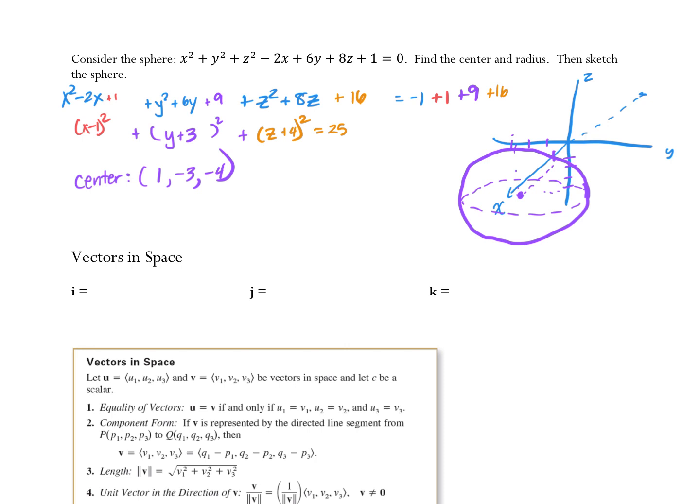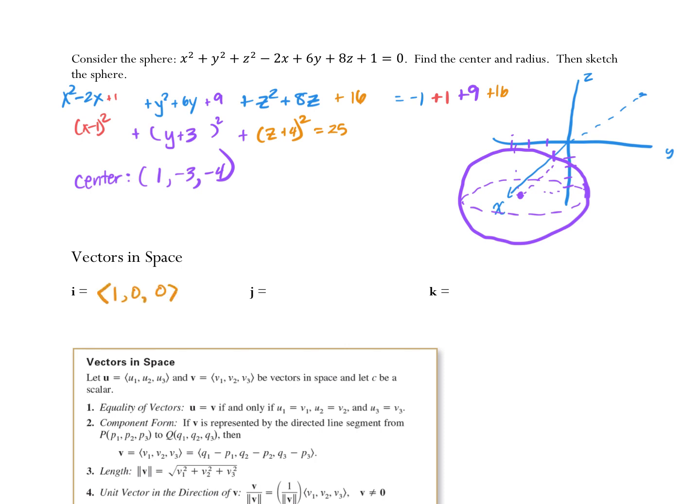All right. Now, just like we can plot points in 3D space, we can plot vectors in 3D space. So we still have i, which used to be (1, 0).